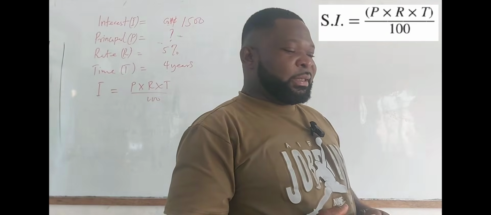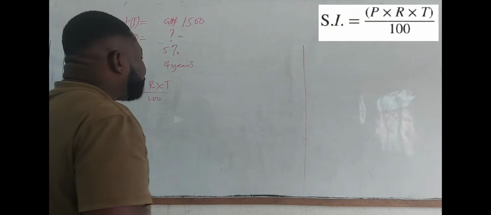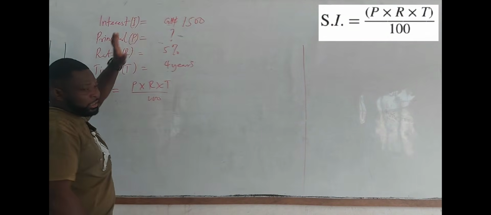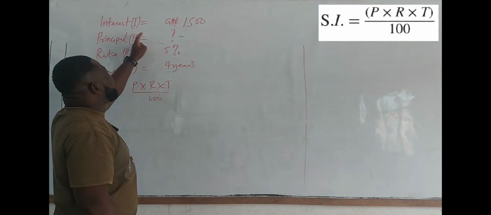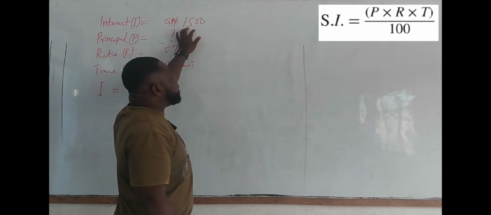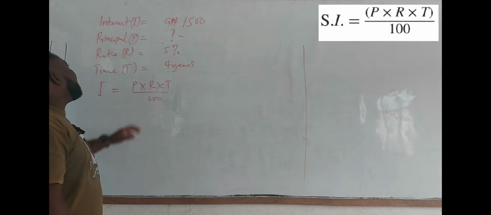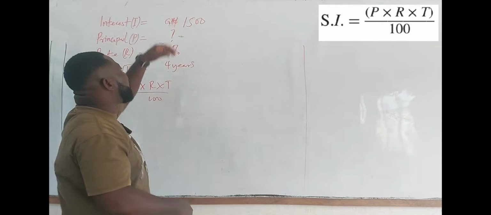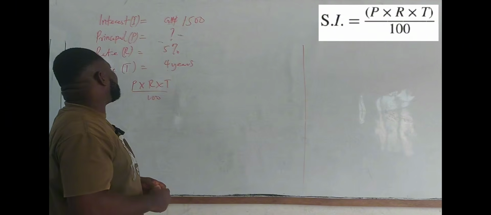Right? So it means that in this case, we are having the interest, right? This time around, I'm writing the interest as I. I'll explain why I'm writing it that way. So the interest is I over here, and that is the amount of money the students are expecting, right? Which is 1,500. The principal, we don't know the amount of money they're going to put in the bank to be able to accrue this 1,500.